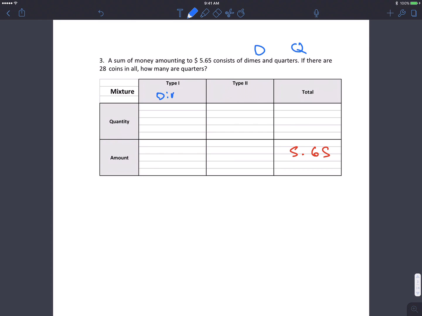We have two types of items: D is the quantity of dimes, Q is the quantity of quarters. And it says there are 28 coins, which means the total quantity of coins is 28. My first equation is D plus Q is 28.